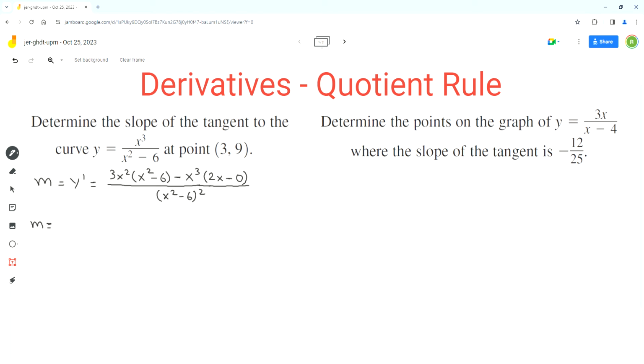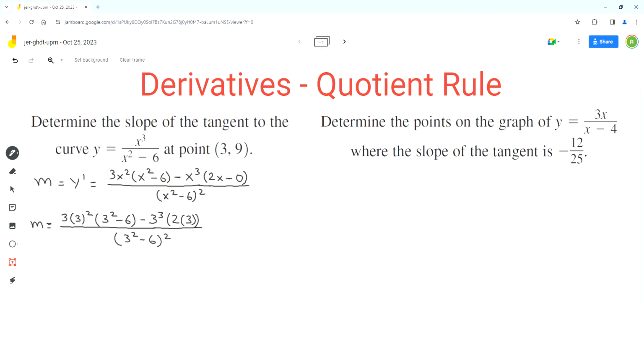So the slope of the tangent will be equal to, we'll sub in x as 3, so it will be 3 times 3 squared, and in the parentheses 3 squared minus 6, and minus 3 cubed, and then parentheses 2 times 3. We can ignore the 0, over (3 squared minus 6) squared.